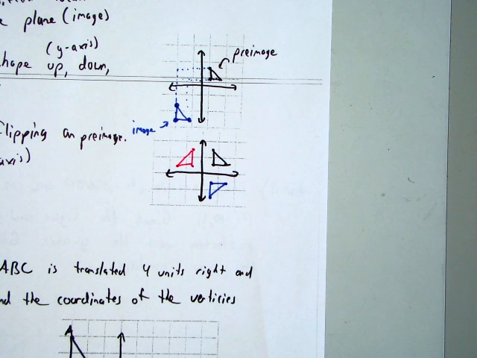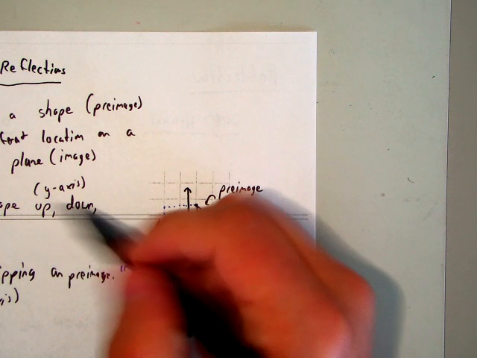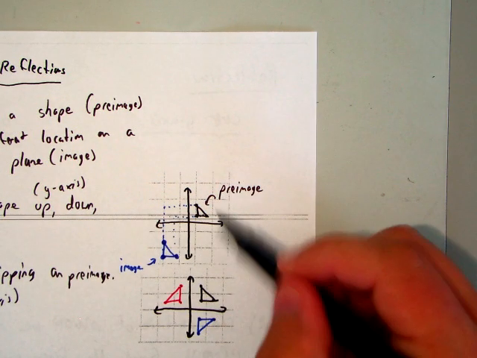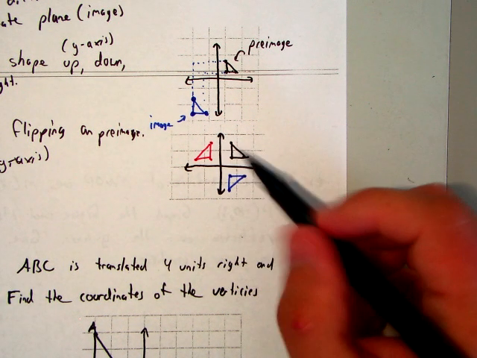Notice how these triangles are the exact same size. Same thing with the translation. They are not changing size. Translations, we do not change the size, but we do change where it is and what direction it's facing. Reflection, we don't change the size, but we can change its direction that it's facing.